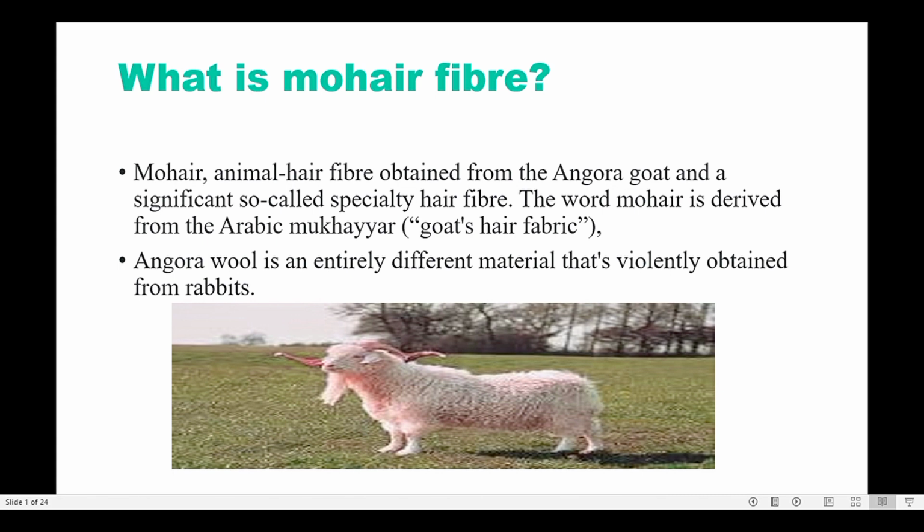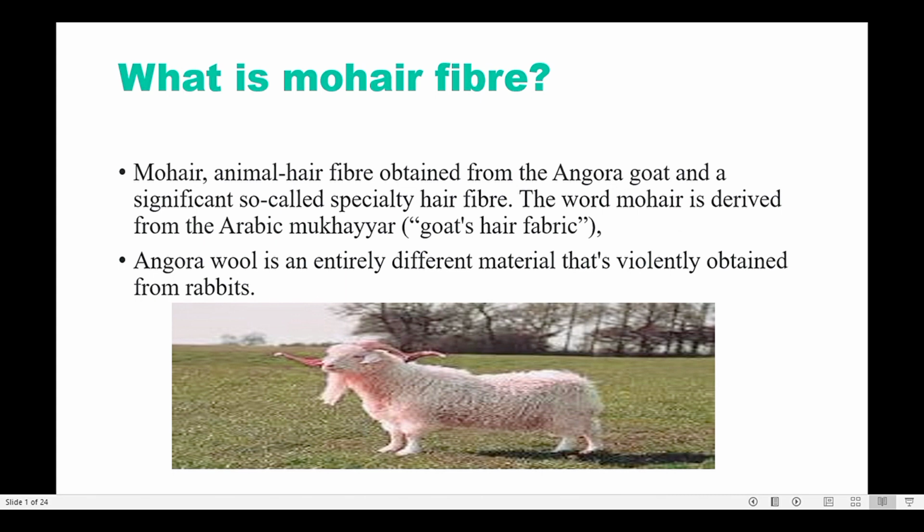The introduction. Mohair fiber is a natural fiber. Mohair is an animal hair fiber obtained from the Angora goat, and a significant so-called specialty hair fiber. The word mohair is derived from the Arabic word mukhayyar, meaning goat's hair fabric.